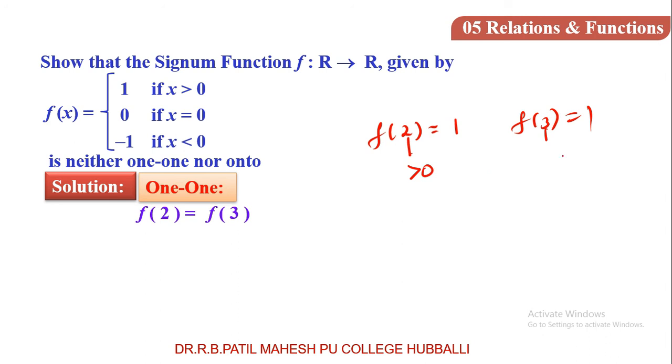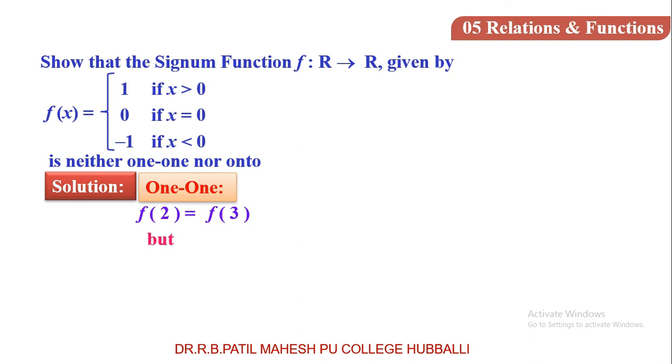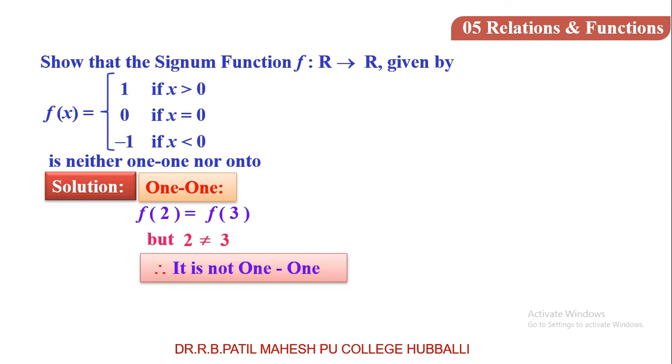These are greater than 0. When x values are greater than 0, you should take f of x as 1. So f of 2 is 1, f of 3 is also 1. Images are equal, but the elements 2 and 3 are not equal, and we fail the definition of one-one. It is not a one-one function.